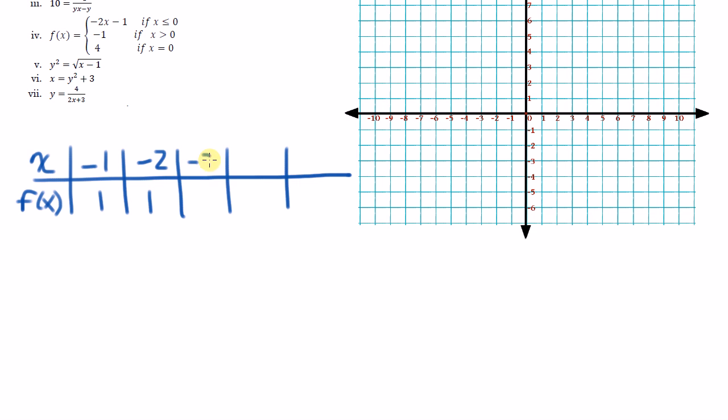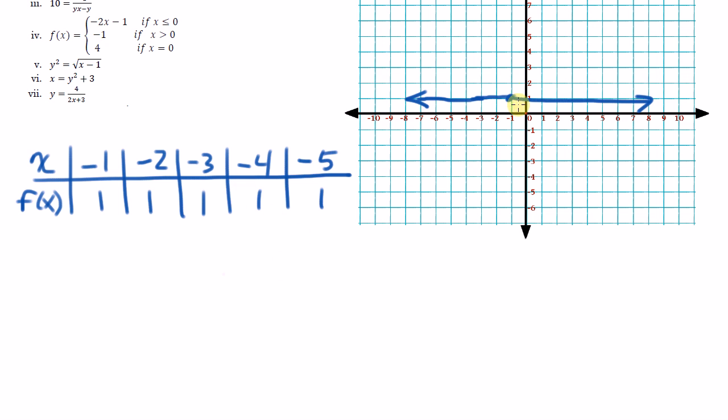When I input -3, I get 1. When I input -4, I get 1. And when I put -5, I get 1. Now, is this a function? Well, what this means is that for each one of these values, it's going to be 1. And we'll just say that it's going to keep on going on and on forever.